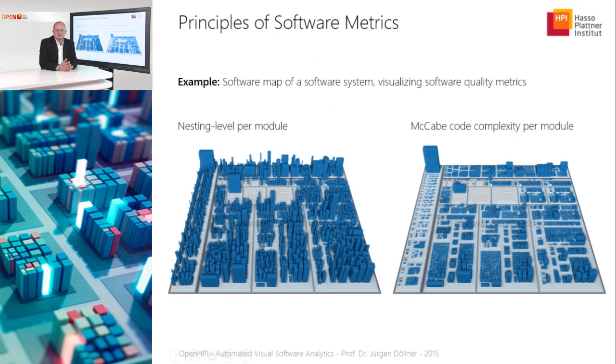Most likely this means that during a redesign or refactoring we should have a look at that module, because the metric measurements indicate that these values tend to be too high with respect to the average measures on the rest of the system. This is just one example of how software metrics, software quality metrics in this case, can be used to evaluate the current software coding quality or the software process status.